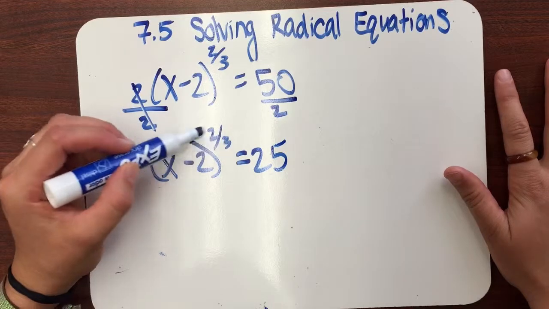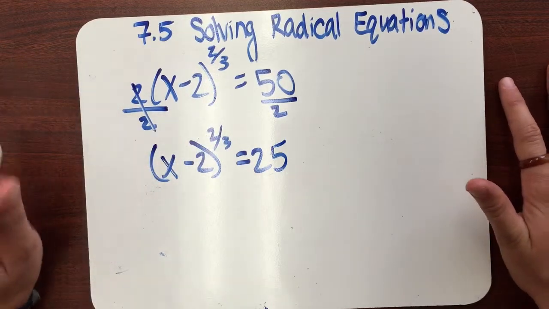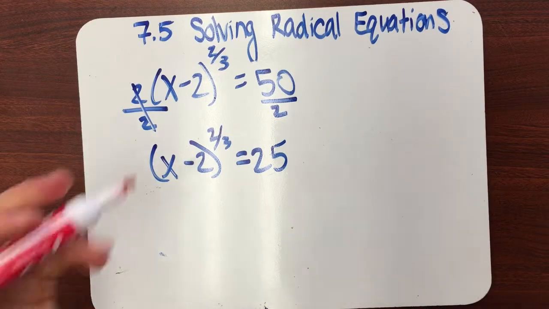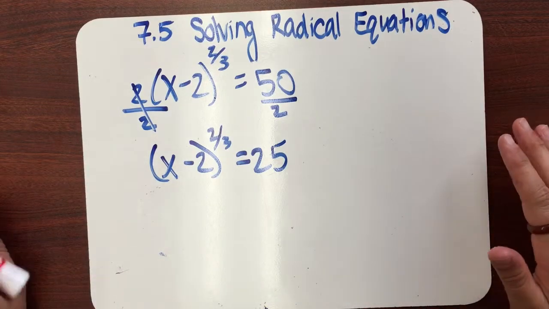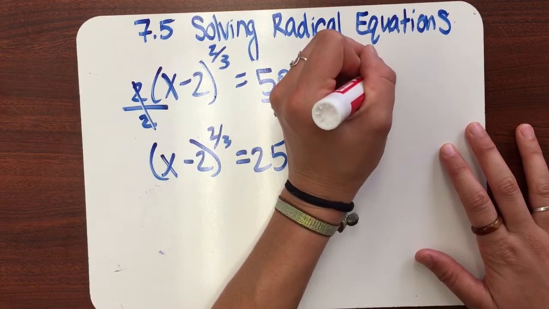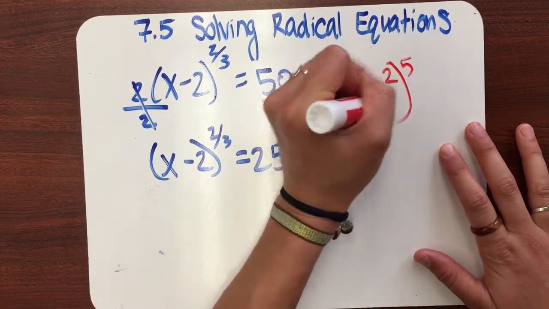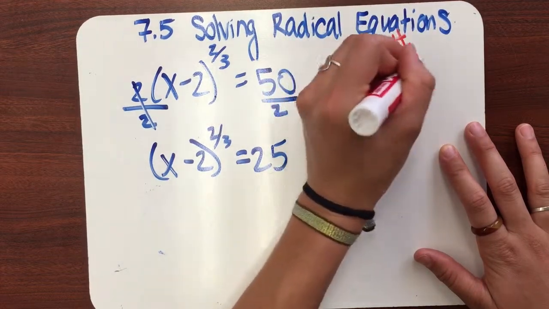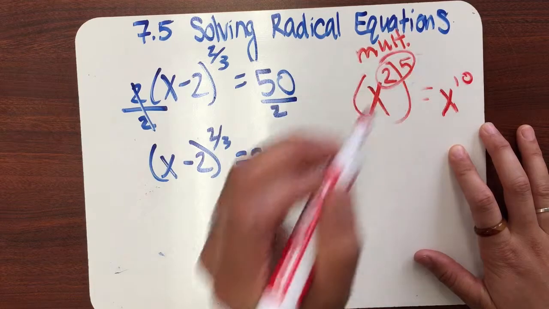So in order to get rid of this exponent here, just as a little side note, remembering some of our exponent properties, if we have an exponent inside and outside, we multiply these. So x to the 2 raised to the 5 is x to the 10th.